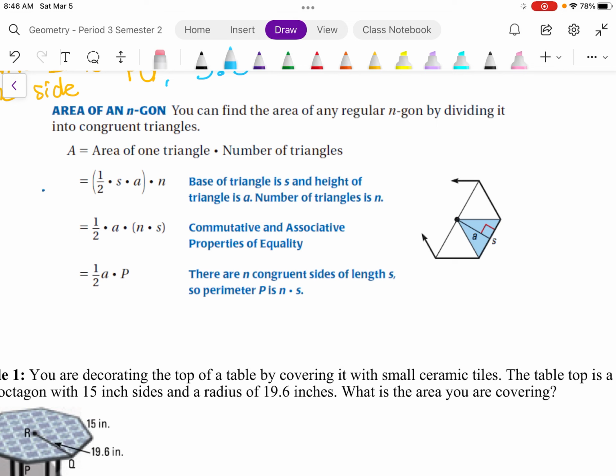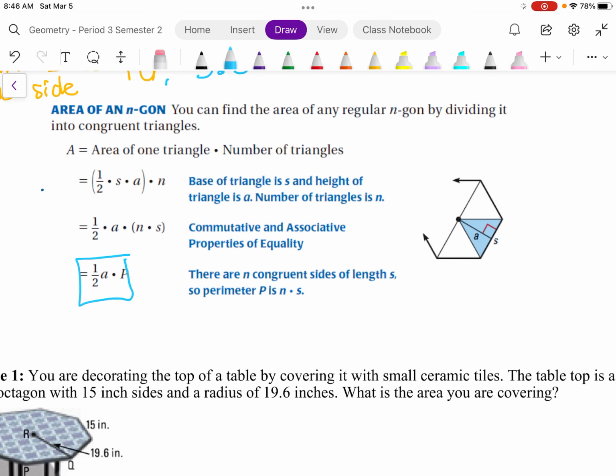Another way that we can find the area of a regular polygon is by finding the perimeter and multiplying that by 1/2 and the length of the apothem. So another area formula is 1/2 times A times P. And A, remember, is the apothem.